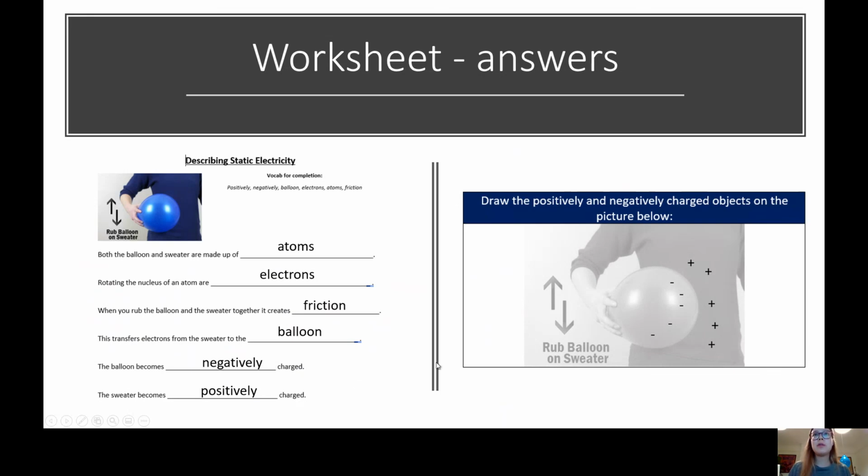So now that we've completed that, we should be able to label our diagram. So have little negative signs on the balloon indicating the negative charge there, the imbalance we can see between the sweater and the balloon, and the positive charge on the sweater indicated and represented by the plus signs.